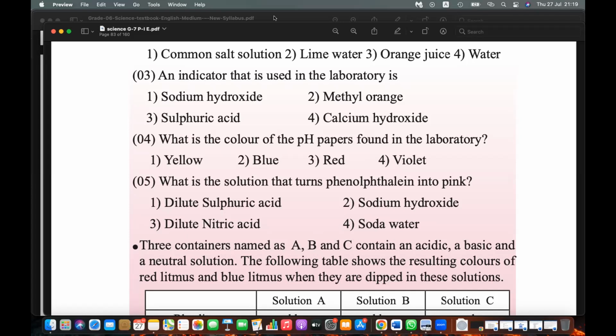Next, what is the color of pH papers found in laboratory? Blue? Red? Yellow?